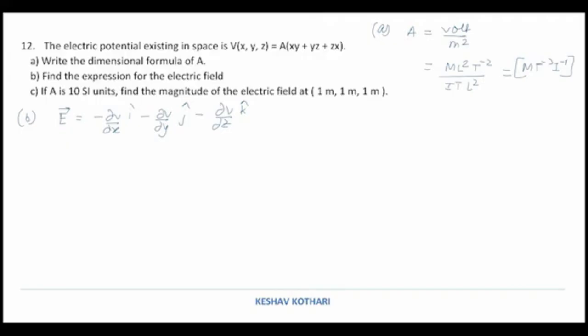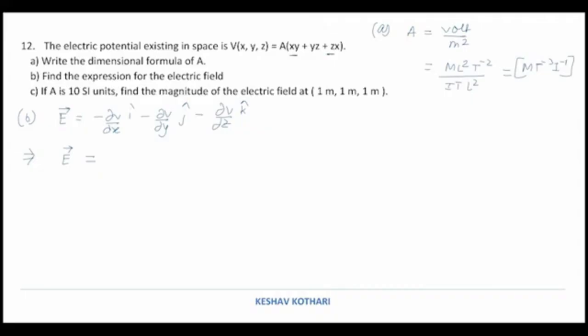If we differentiate the value with respect to X, then with respect to Y, and then with respect to Z, and fix the value of i cap, j cap, and k cap, we obtain: if we differentiate with respect to X, we are left with Y and Z over here.